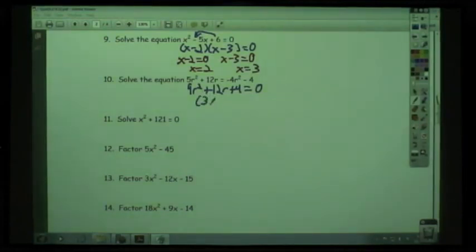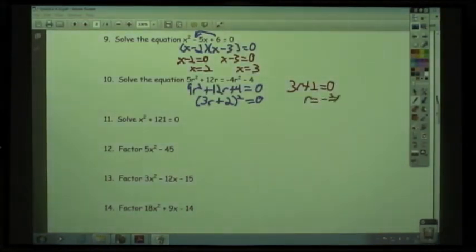And this one should be one of those special patterns, (3r plus 2) squared. When you set 3r plus 2 equal to 0, you subtract 2 and divide by 3 and you will get -2/3. And there's only one answer on this one because both factors would be the same factor.